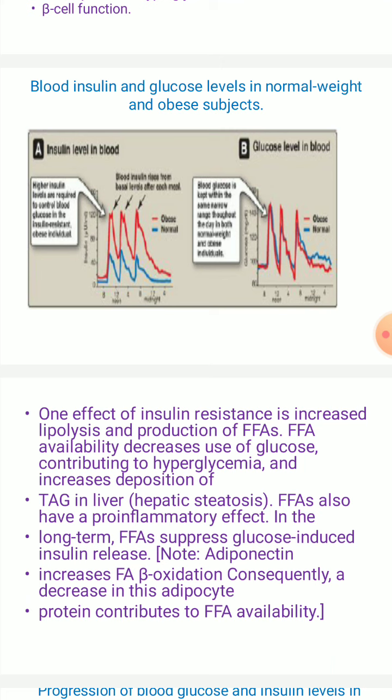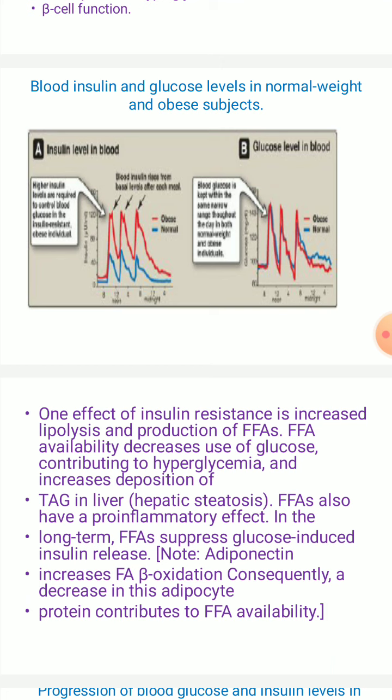These free fatty acids also have a pro-inflammatory effect in the long-term complications. Free fatty acids suppress further glucose-induced insulin release. One more note is that adiponectin increases fatty acid beta oxidation. Through the beta oxidation process, you end up with increased free fatty acids. Consequently, you can also see a decrease in adiponectin, the adipocyte protein, which contributes to the free fatty acid availability.